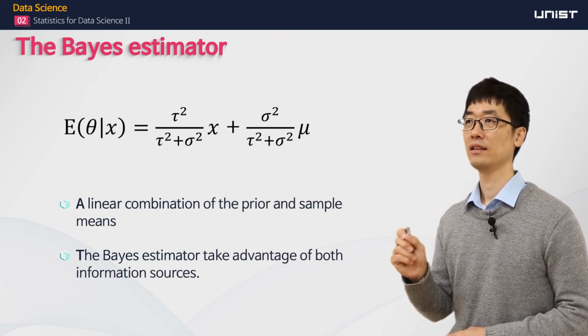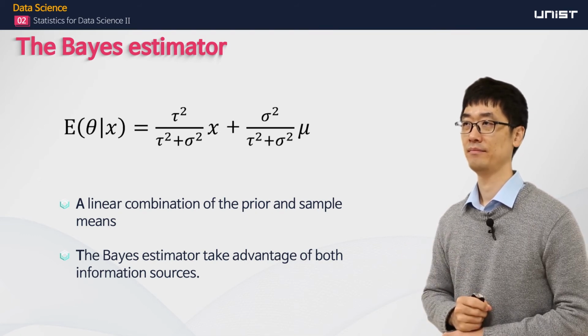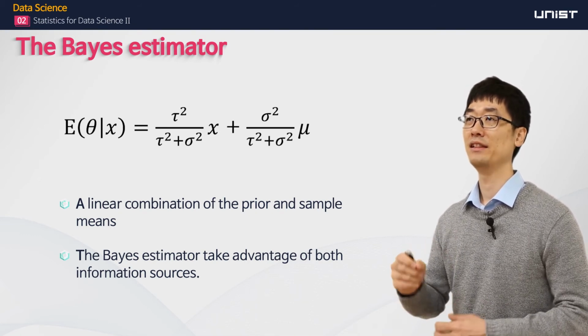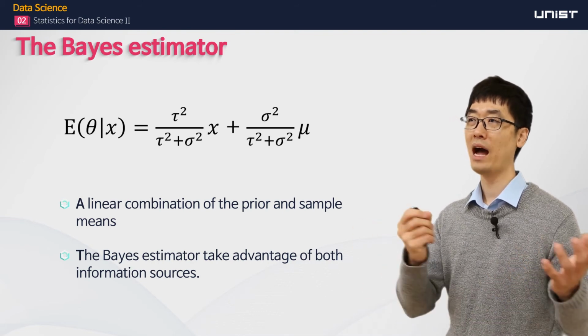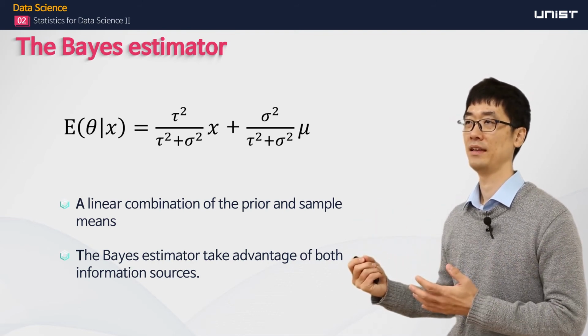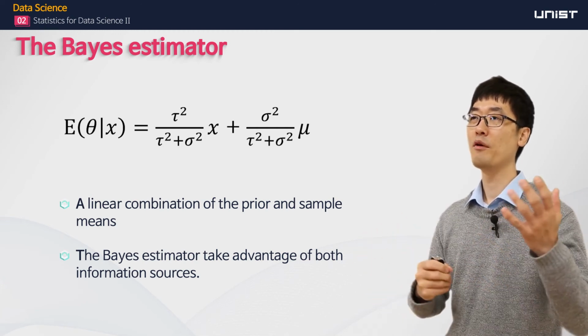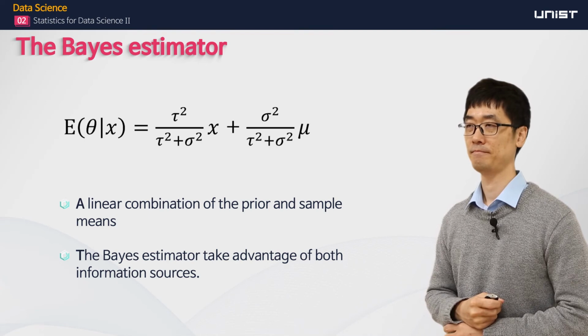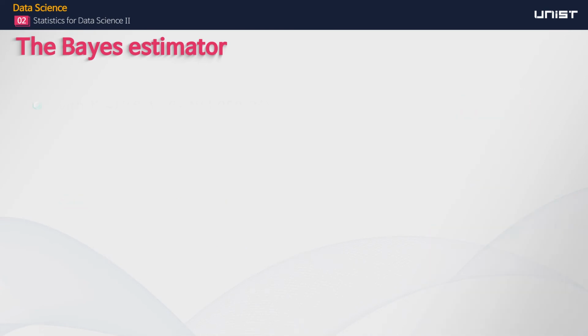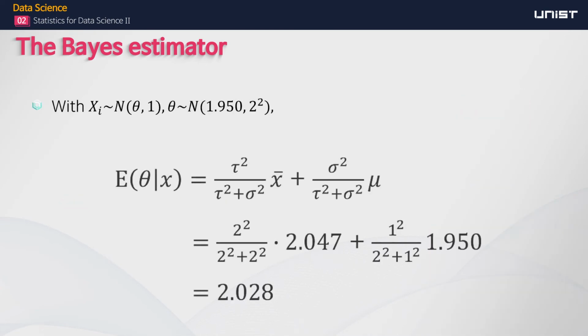We call it the Bayes estimator. The Bayes estimator is a linear combination of the prior and sample means. That means Bayes estimator takes advantage of both information sources. From the previous example, we can calculate the Bayes estimator given prior information. With the mean of obtained sample, we can calculate the Bayes estimate.